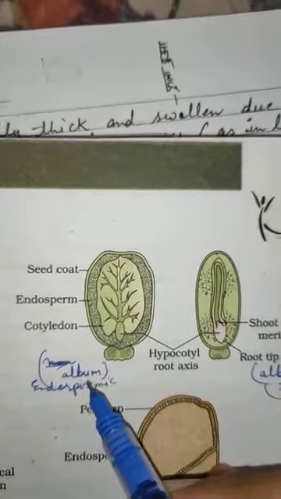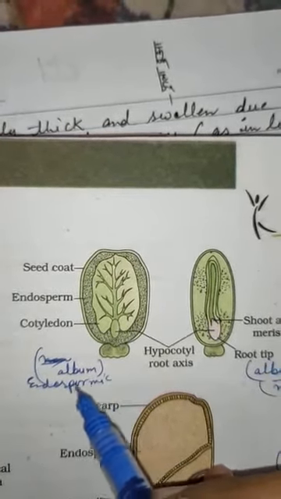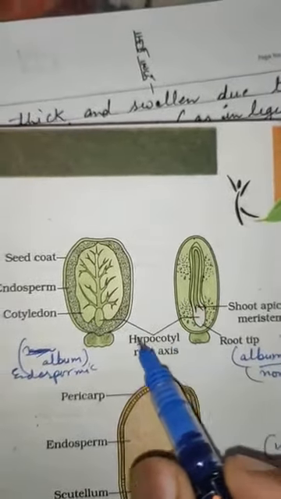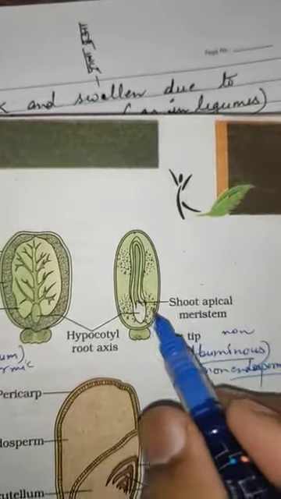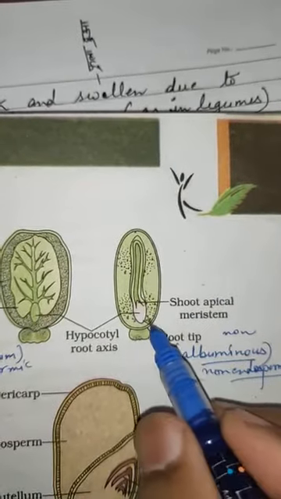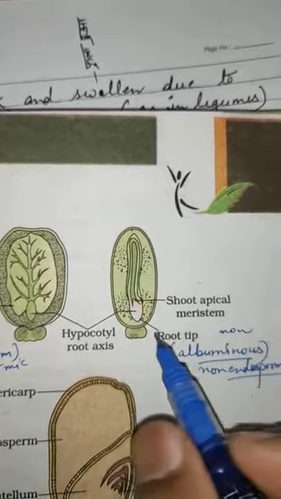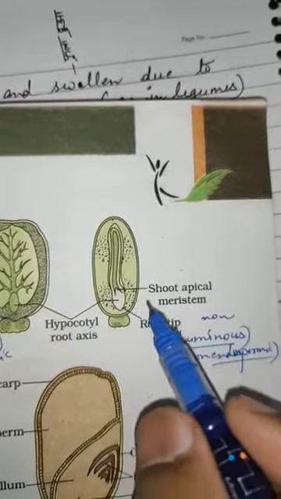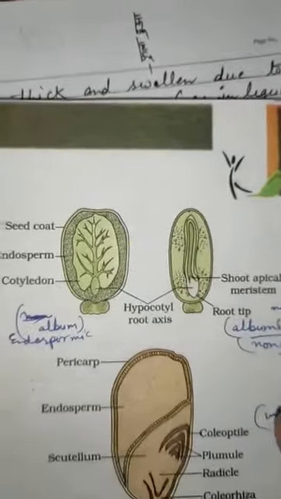Here you will see it is albuminous, endospermic, so it is not completely consumed. This is the hypocotyl axis, this is the shoot apical meristem, this is the root tip. This is the non-albuminous seed. Here you will see the endosperm is completely consumed. Clear?